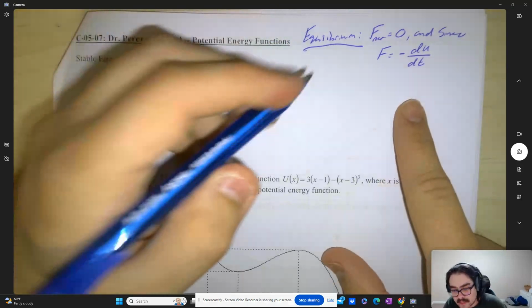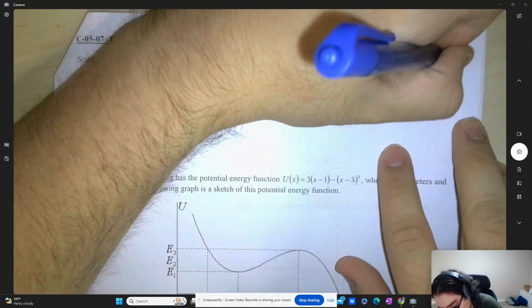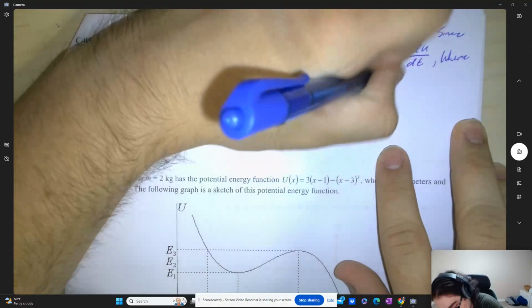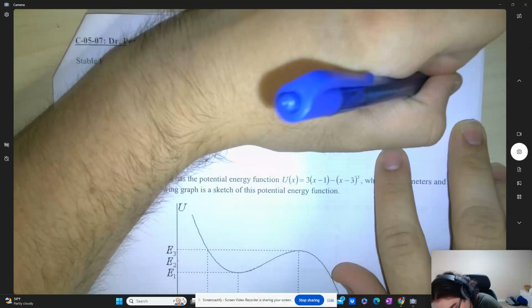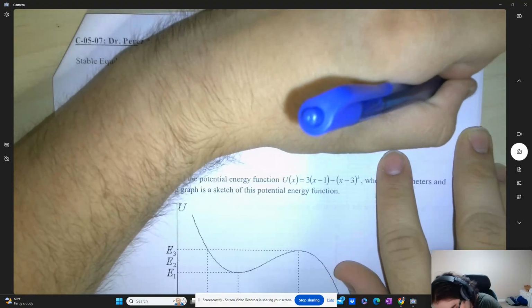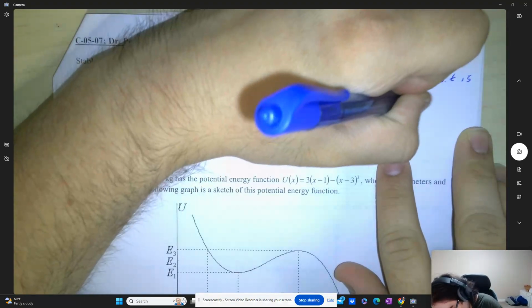This would say this is where the slope of U versus x is zero.